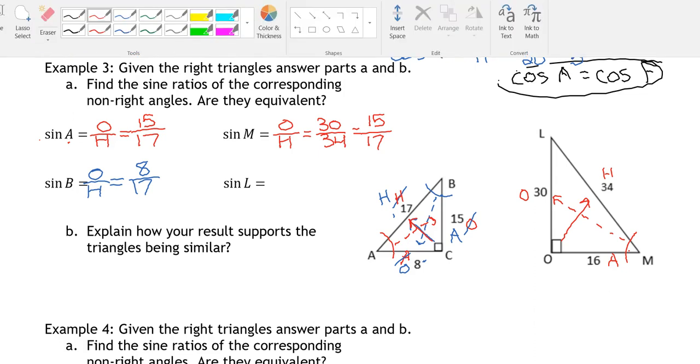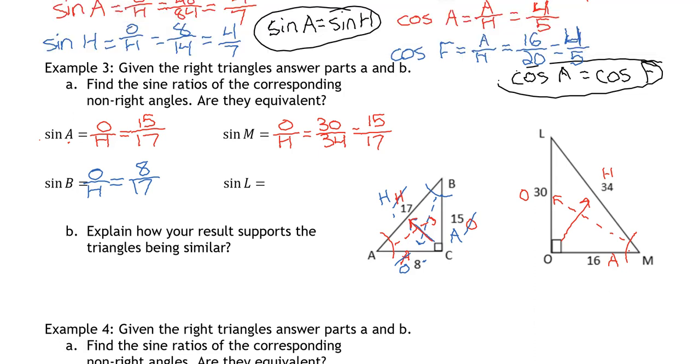Now we have to do the same thing with sine of L. Again, since I'm switching my angles, luckily my hypotenuse is the same. Opposite side, adjacent side. So sine is opposite over hypotenuse, which is 16 over 34. That also reduces to 8 over 17.